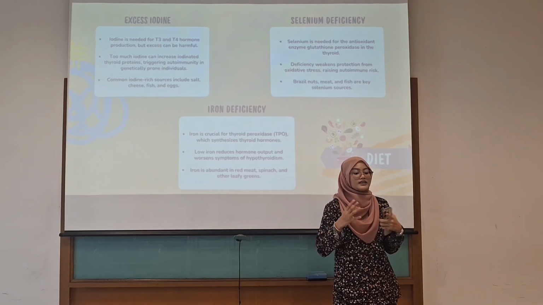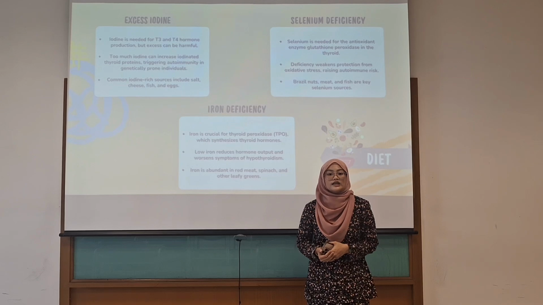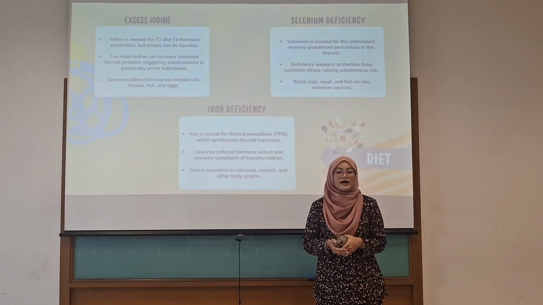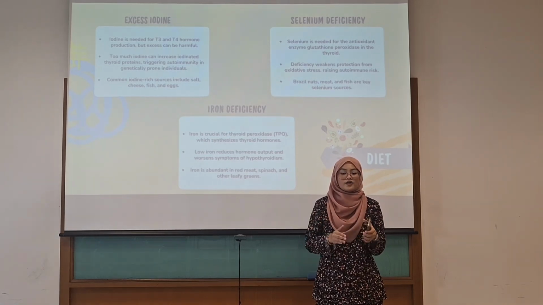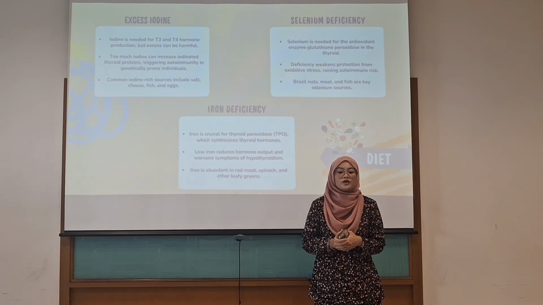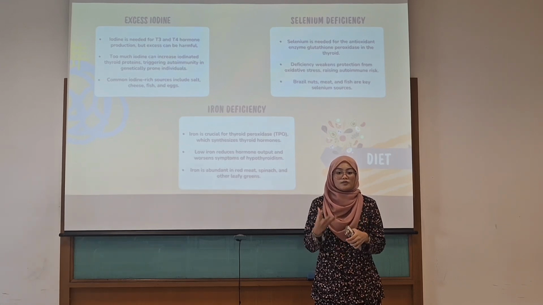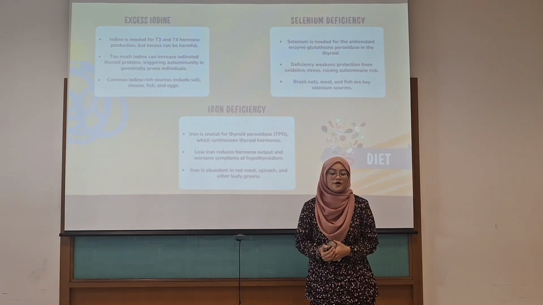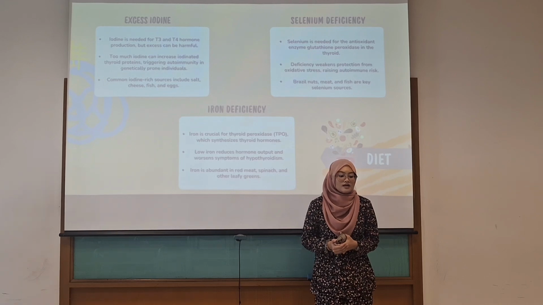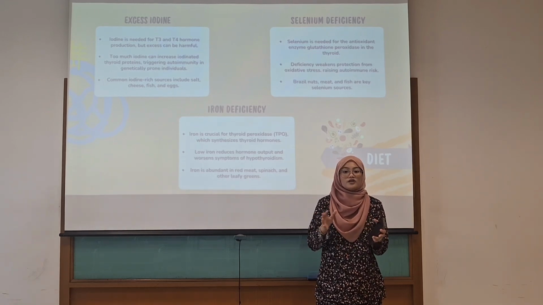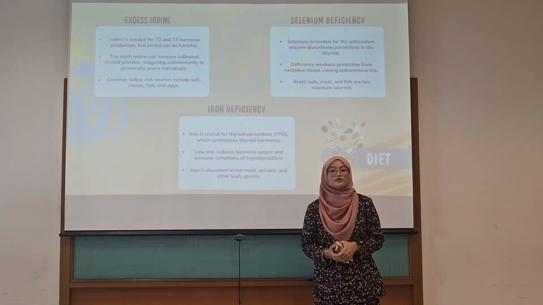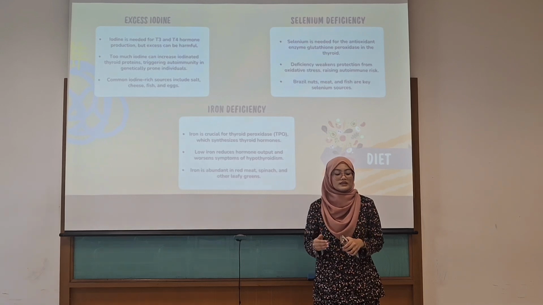And last but not least is iron deficiency, where iron is crucial for the activity of thyroid peroxidase, TPO, which is an enzyme responsible for the production of thyroid hormones. Without enough iron, the production of hormone will reduce and the symptoms of hypothyroidism will worsen.